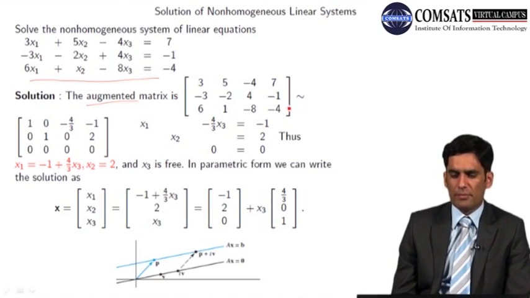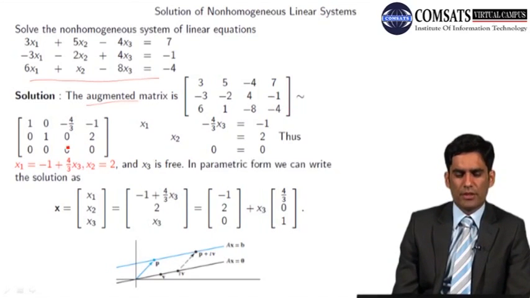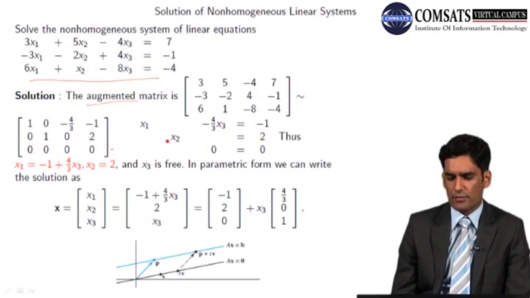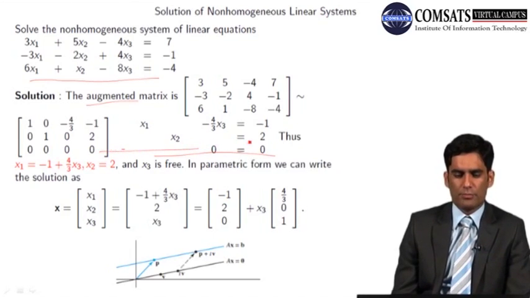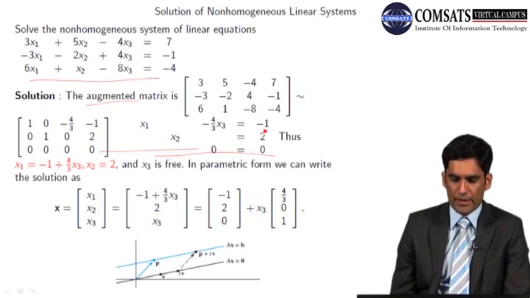Now this augmented matrix can be transformed into the reduced echelon form, which is this one, and if we write the reduced echelon form into equations, we have these equations: 0 equals 0 corresponding to R3, x2 equals 2 corresponding to R2, and x1 minus 4/3 x3 equals -1 for row 1.